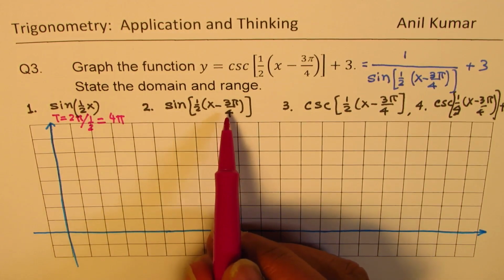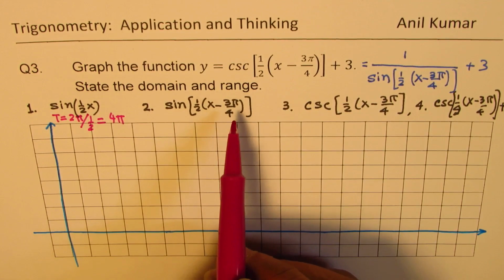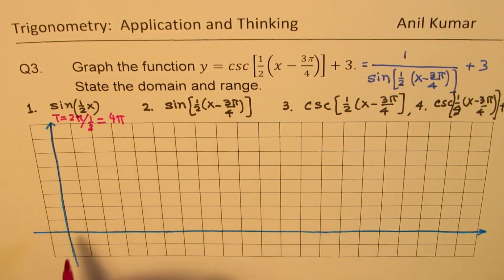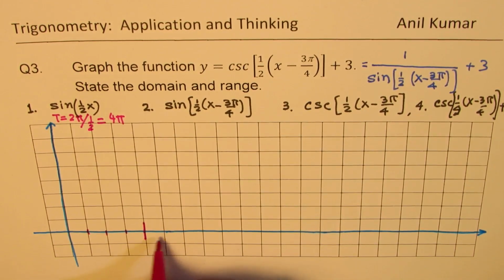Now, since we have to translate 3 pi by 4, I am going to actually divide pi into 4 equal parts. So 1, 2, 3, 4. So that is going to be our pi, correct? So this is going to be pi.